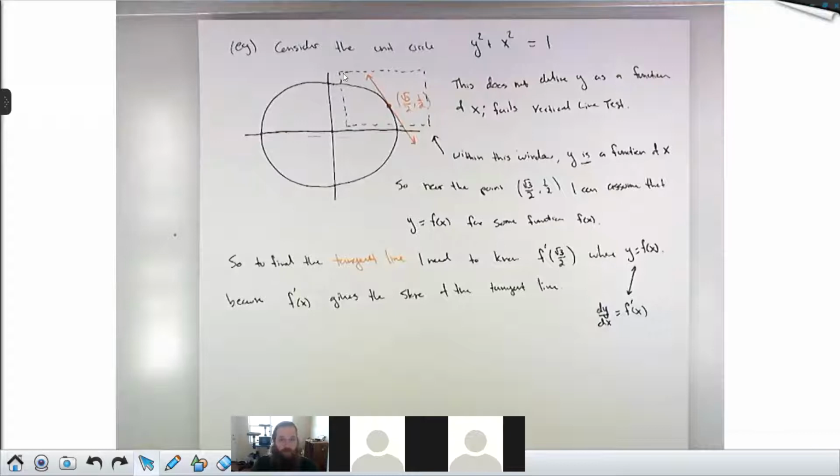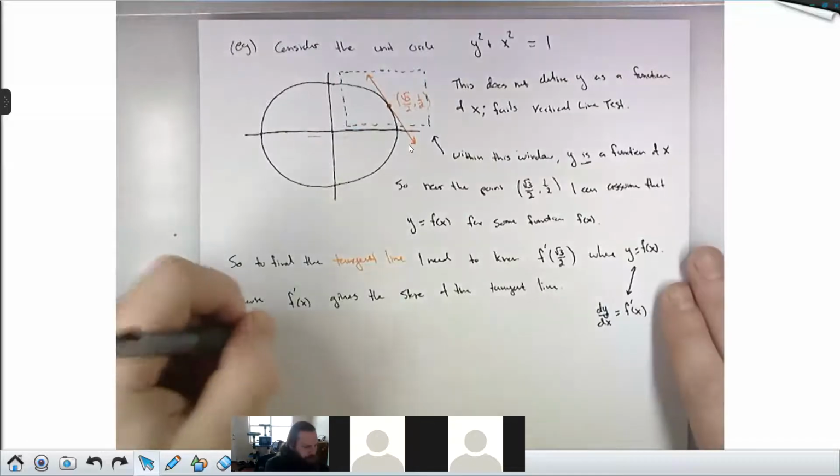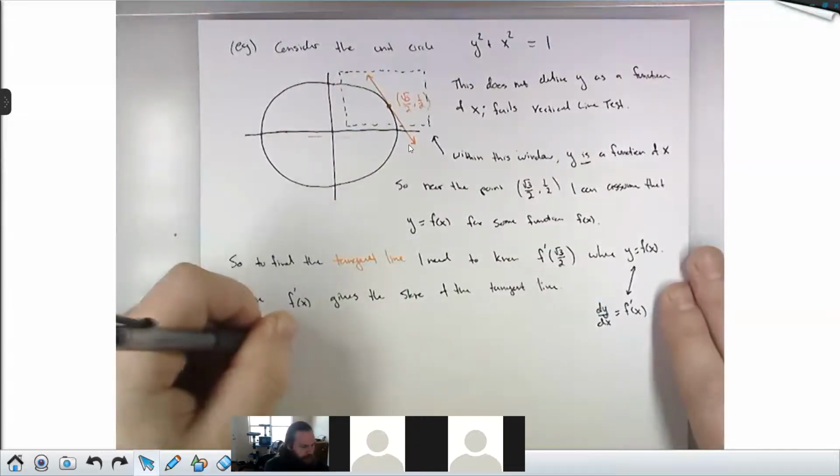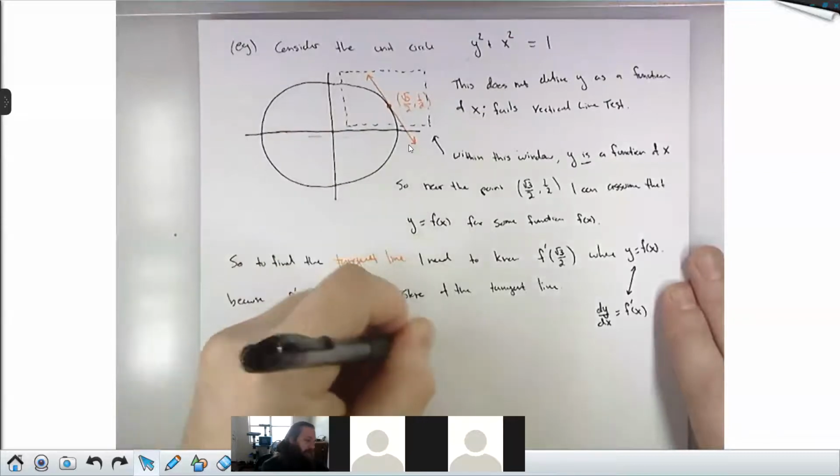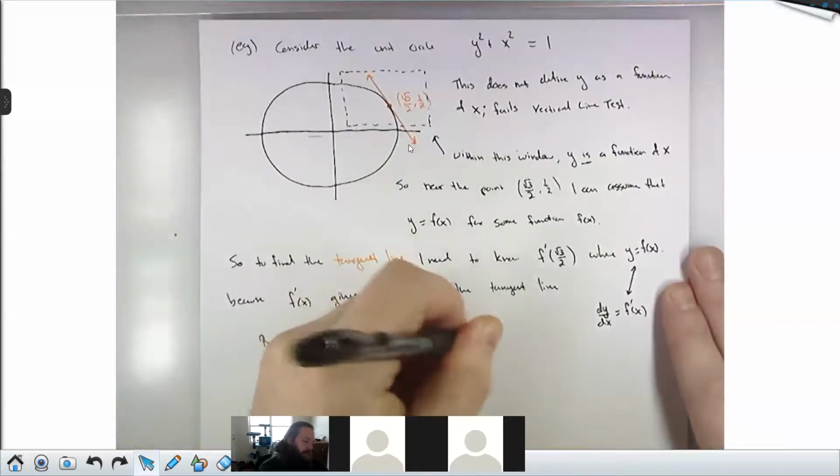According to the implicit function theorem, I can do this. Within this window, I can pretend like y is a function of x, because within this window, we pass the vertical line test. So we begin with y squared plus x squared equals 1, and take derivatives.